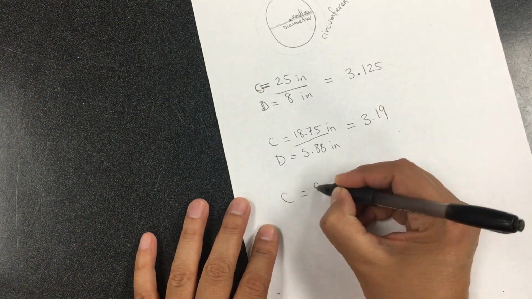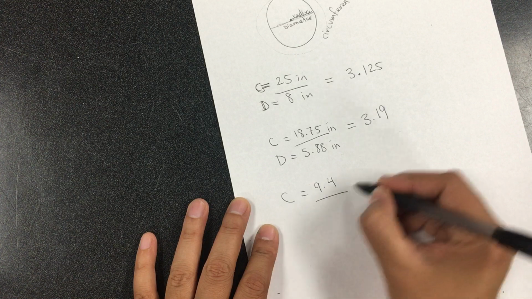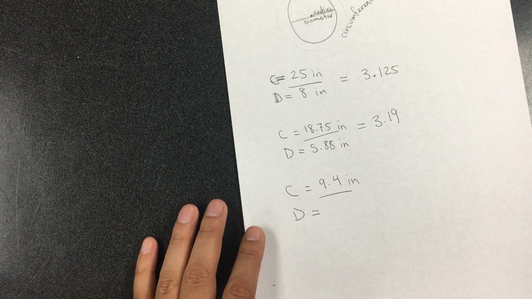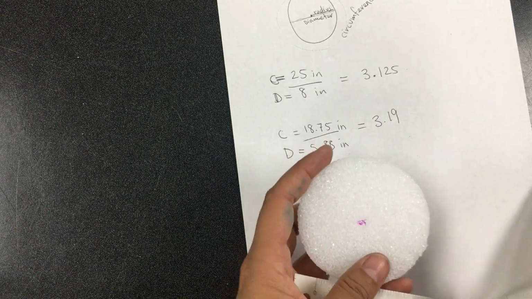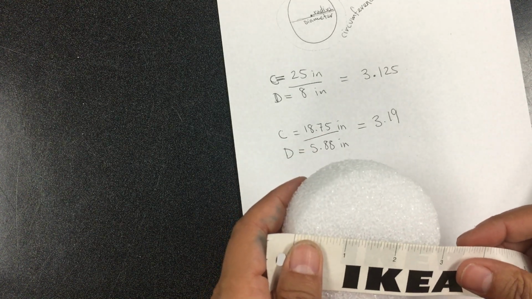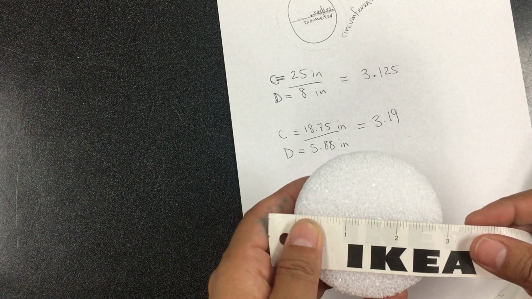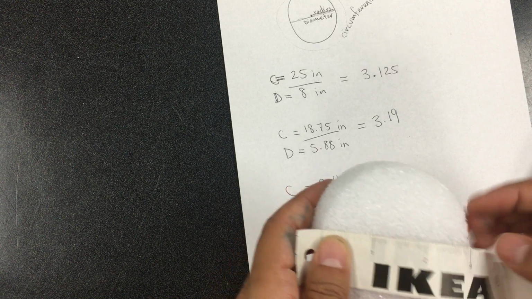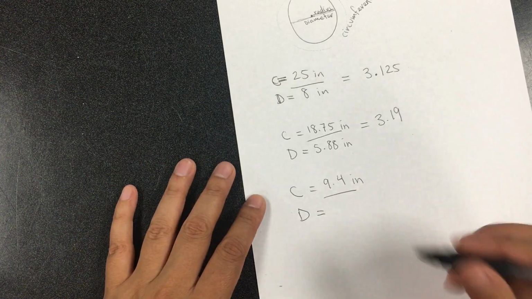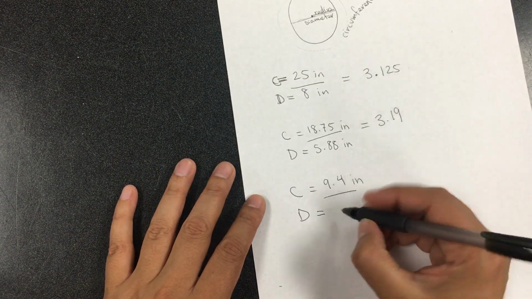So the circumference is 9.4 inches, and the diameter is like 2.8 or something like that. It's not exact, but it's just to give us an idea about these answers.